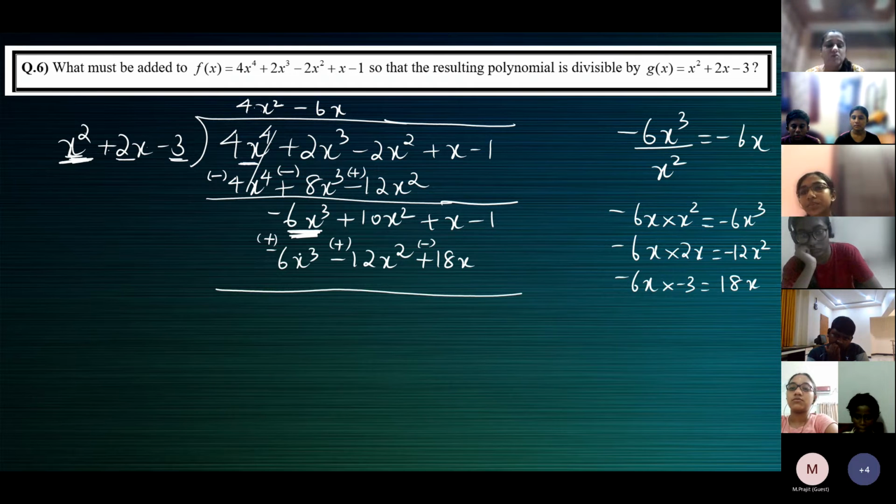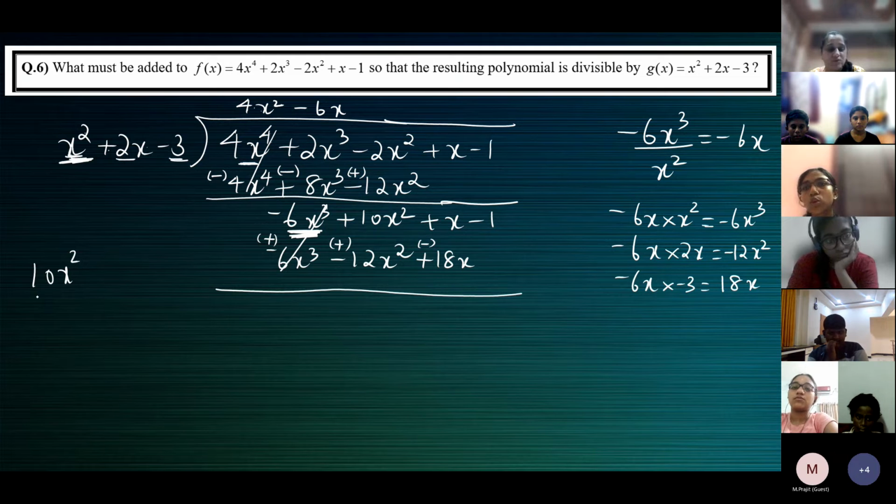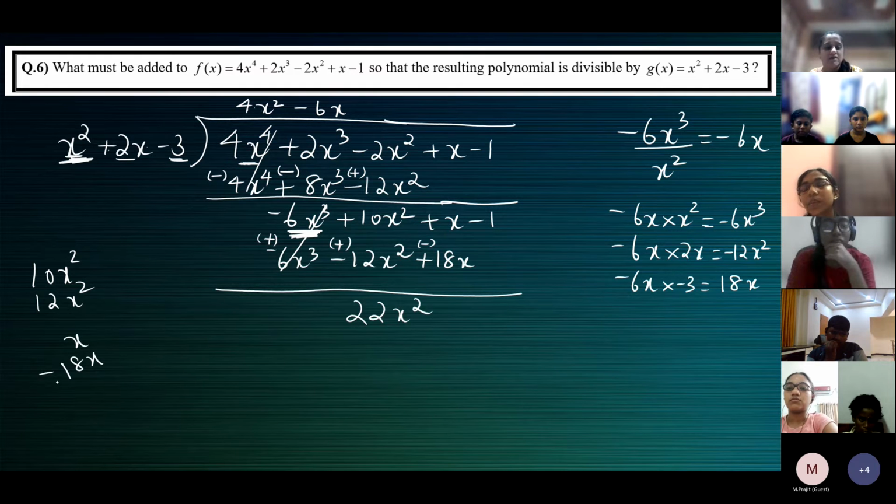Now minus 6x cubed plus 6x cubed gets cancelled because it's 0. Then plus 10x squared plus 12x squared, the new sign, is 22x squared. Then x minus 18x, the new sign you should take.